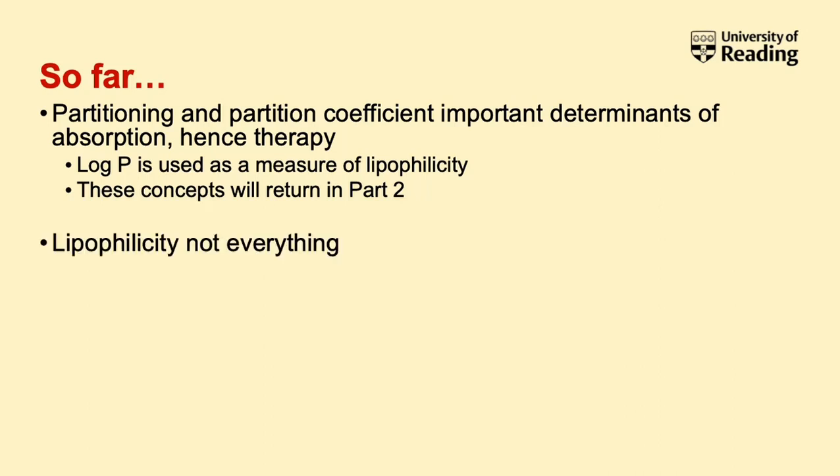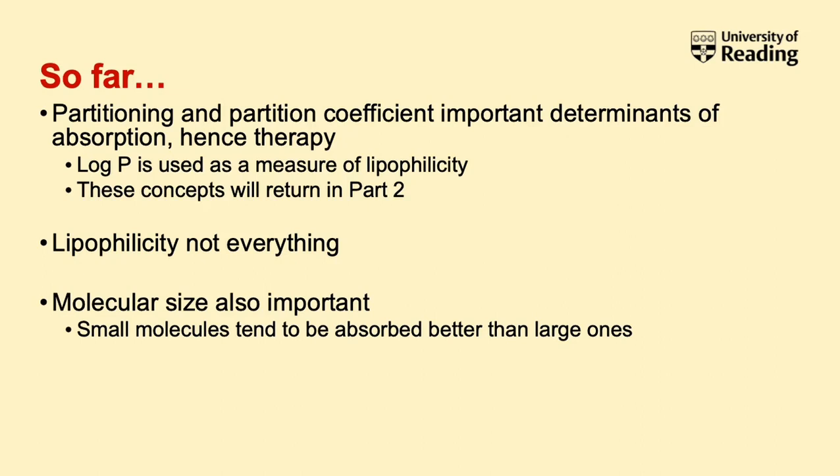We also learned that lipophilicity is not everything, and that we need to also think about some other things. Molecular size is important. Small molecules tend to absorb better than larger ones.